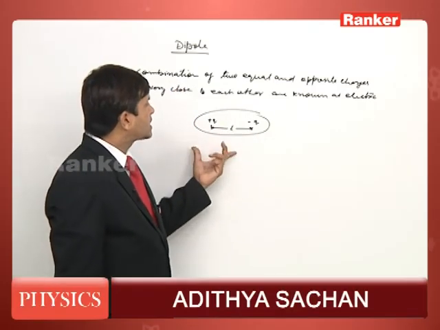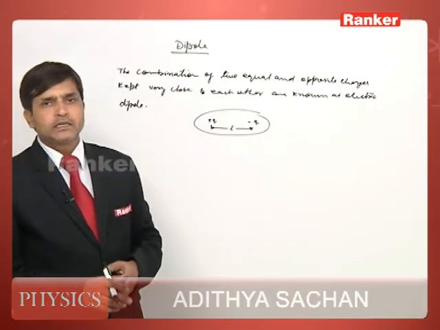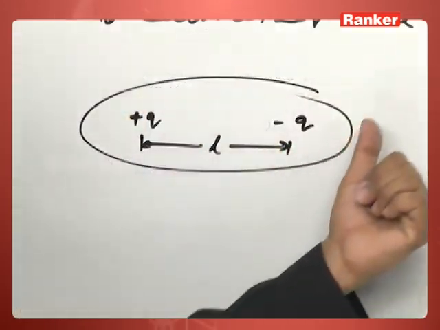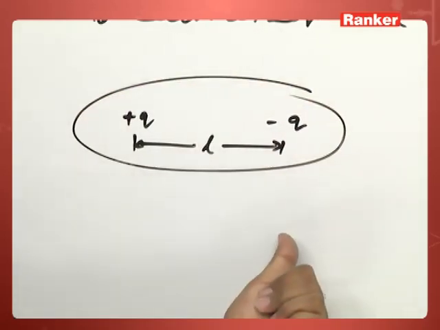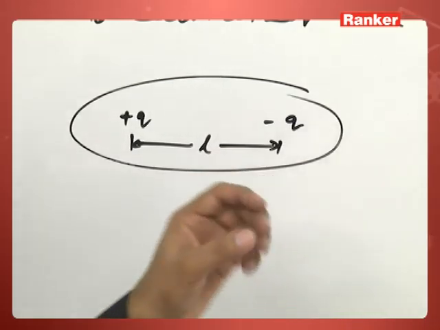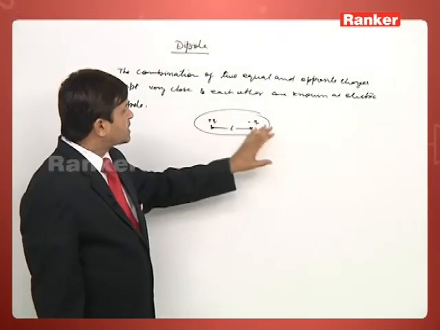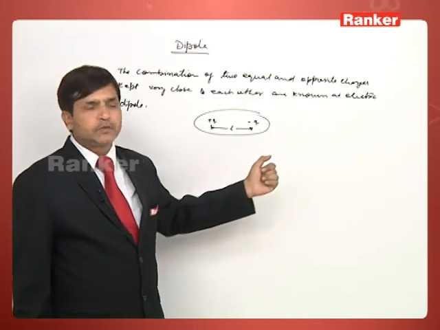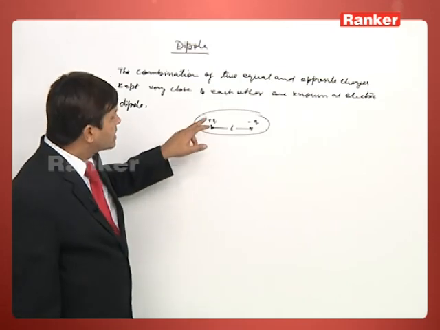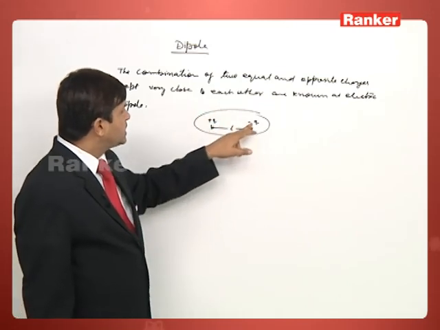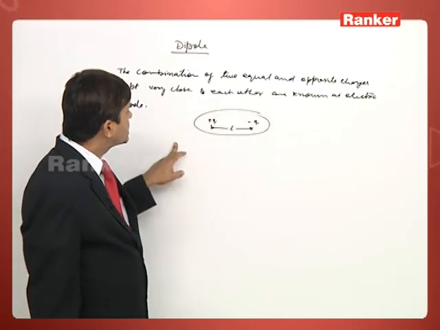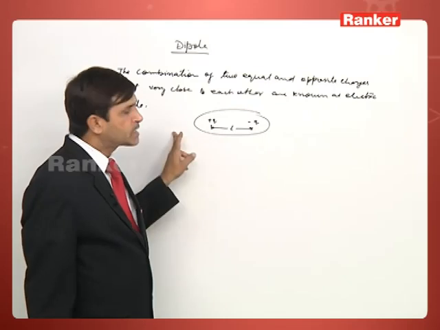So what is the physical significance here in this particular electrostatics chapter? Whenever such situations are given, meaning two charges very close to each other, rather than calculating the electric field or potential at any point due to individual charges, we can calculate by considering the set of two charges as a system.